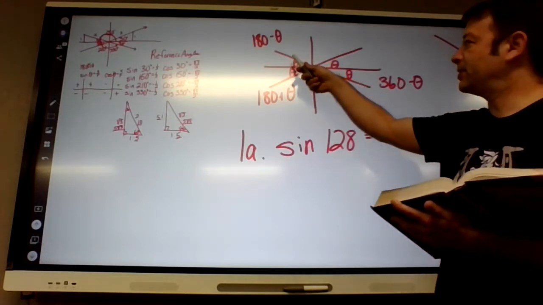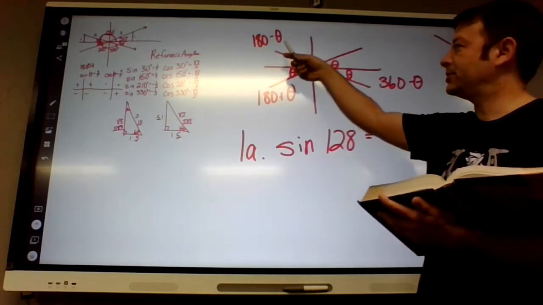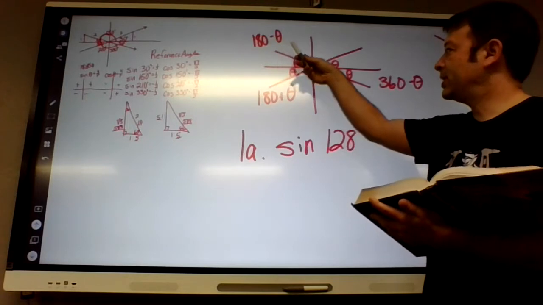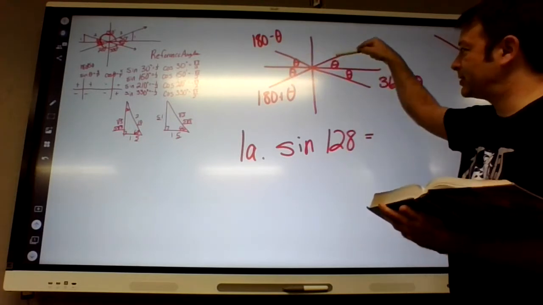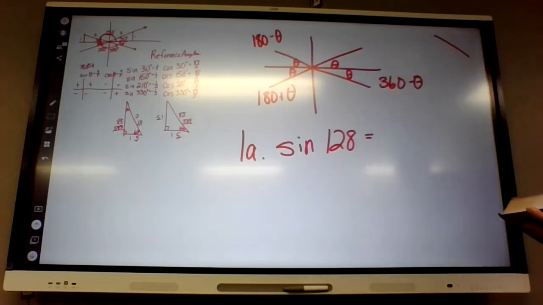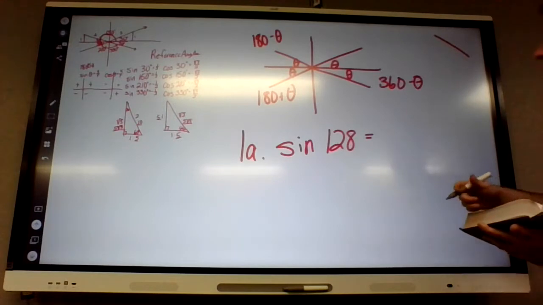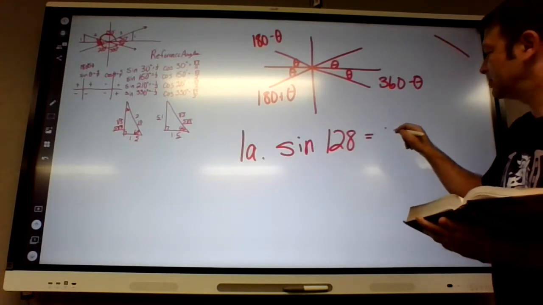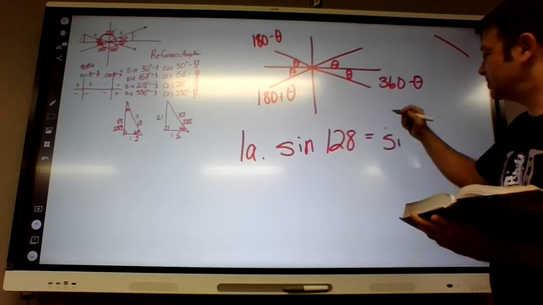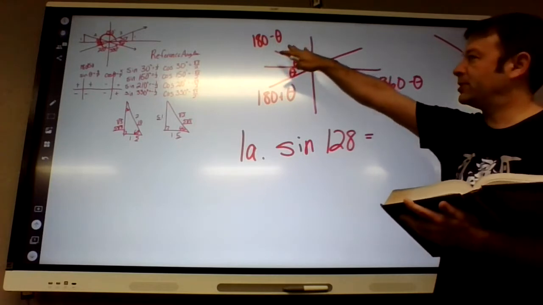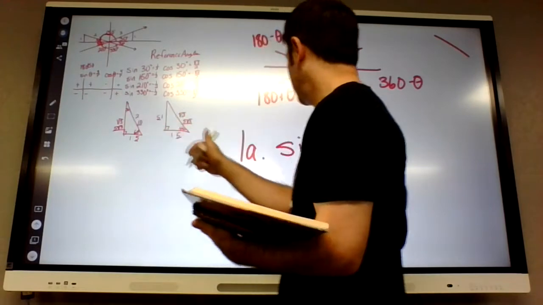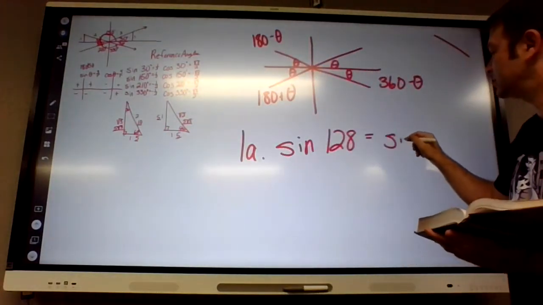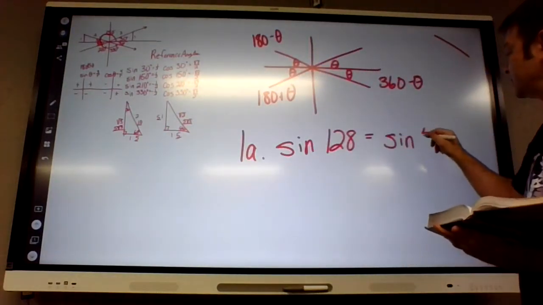So to find the reference angle in the second quadrant, you basically do 180 minus the angle, and that'll tell you how big theta, the reference angle, is. So 180 minus 128 is 52. Is sine going to be positive or negative in the second quadrant? Positive. So it's going to be positive sine of 52 degrees.